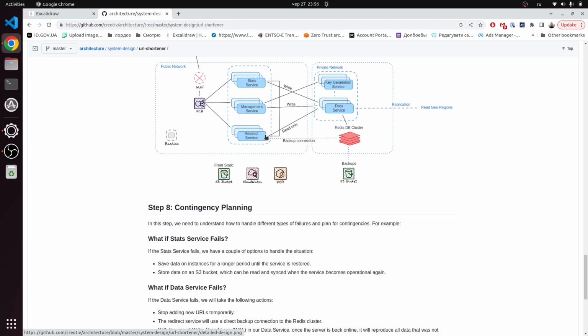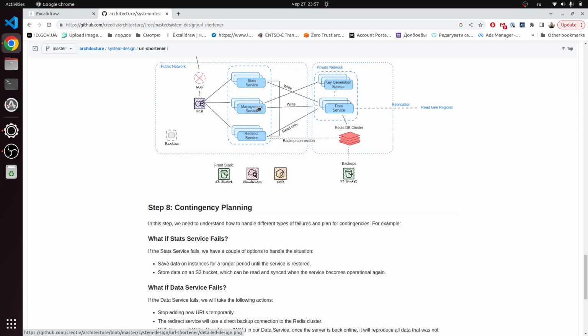But we will use our redirect service backup connection to the Redis cluster. Why? Because the redirect service is a crucial part of our system and basically the main functionality, and it should work most of the time, as I said. Adding URLs can wait for some time.